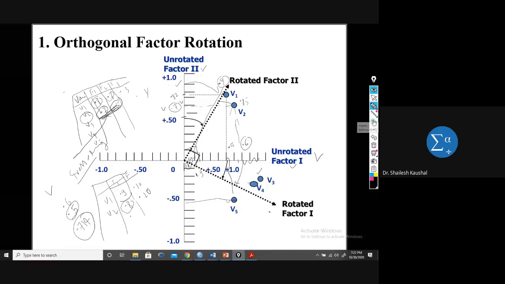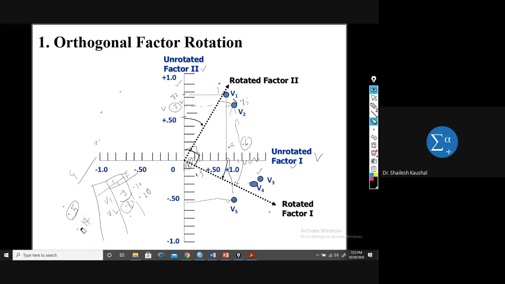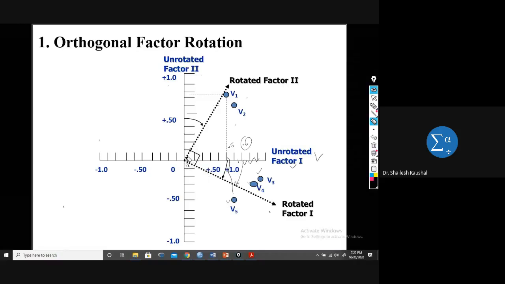Similarly, for the oblique factor rotation, the angle between the two axes, y and x, is not 90 degrees, but less than 90 degrees. So generally we take orthogonal factor rotation to conduct the exploratory factor analysis and remove the problem of cross loading.